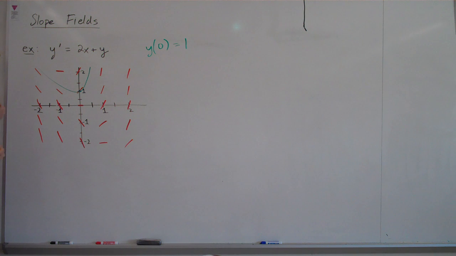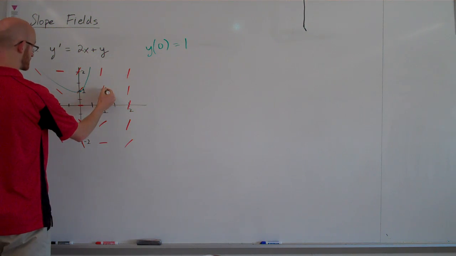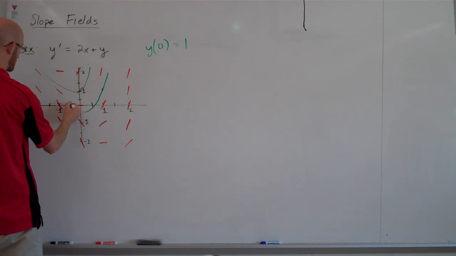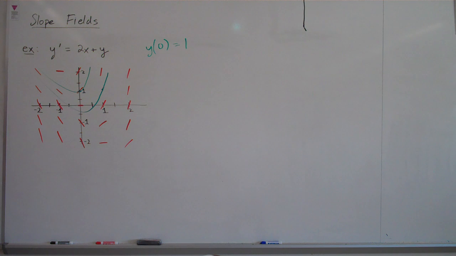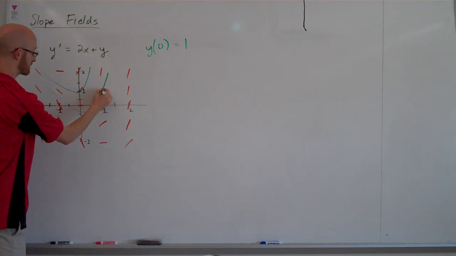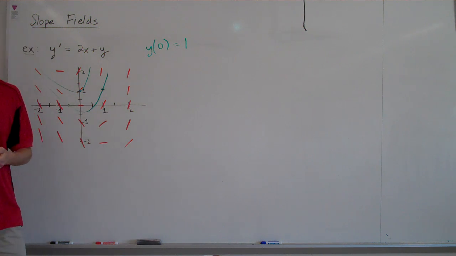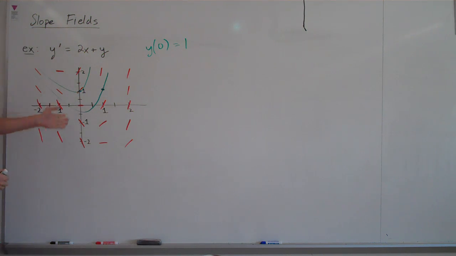You can start anywhere. If we started here, for example, maybe it would look like that. And the second point I did was 1, 1, so that might have been if you were given the initial condition that y of 1 was 1. But the point is, they're all going to be similar, so you get an idea for the family of functions that satisfies this.